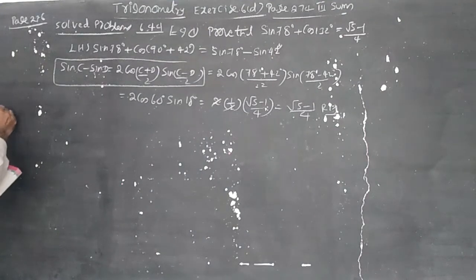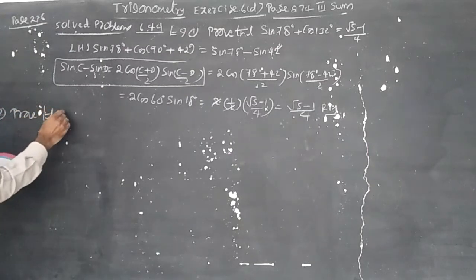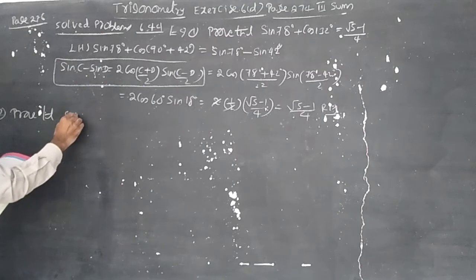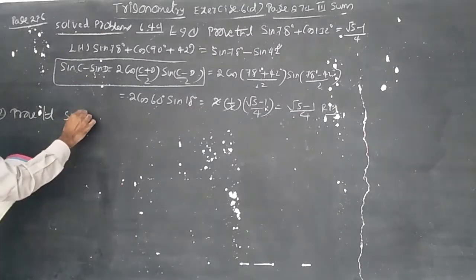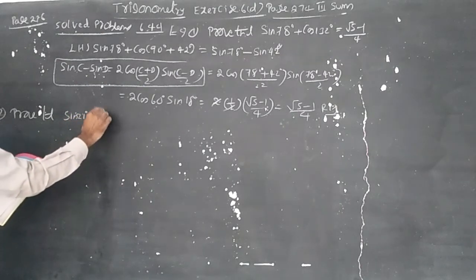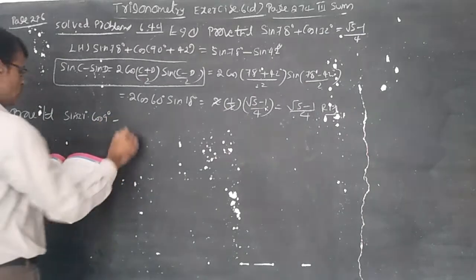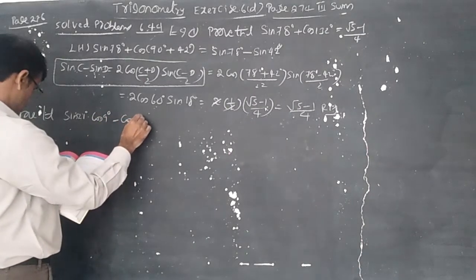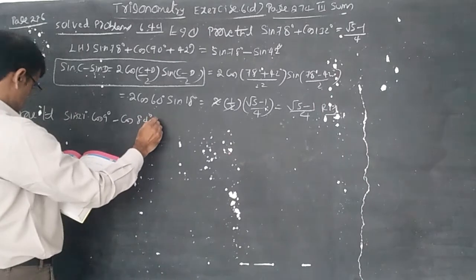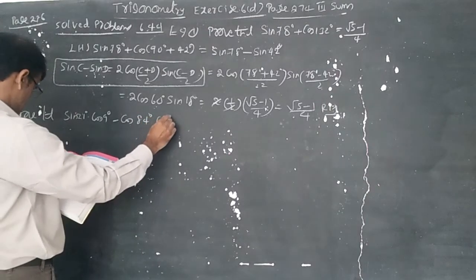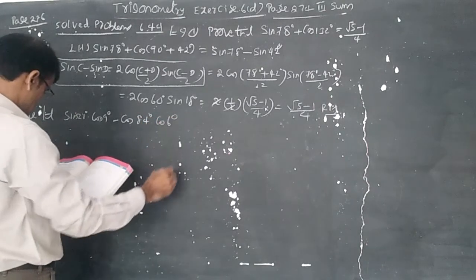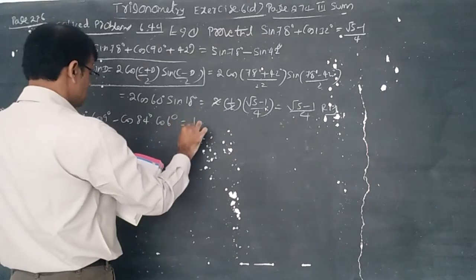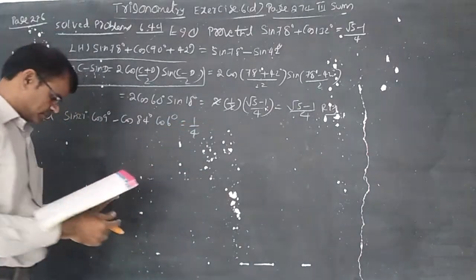Now the second question. Prove that sine 21 degrees into cos 9 degrees minus cos 84 degrees into cos 6 degrees is equal to 1 by 4.